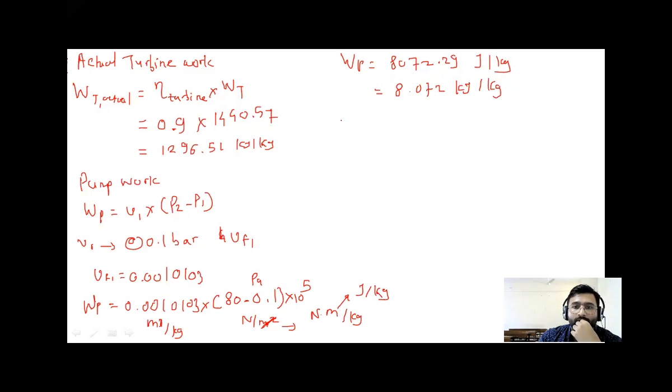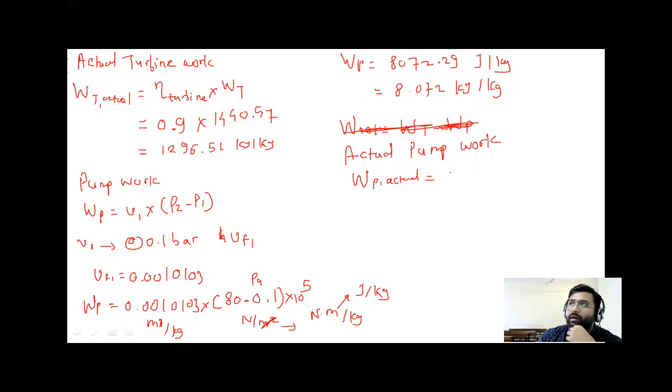Now calculate net work. Net work will be equal to turbine work minus pump work. Sorry, again, you have to calculate here actual pump work. What is the efficiency of pump? 0.8. So I write down the formula, efficiency of pump into W pump. So efficiency is given, 0.8 into 8.072.